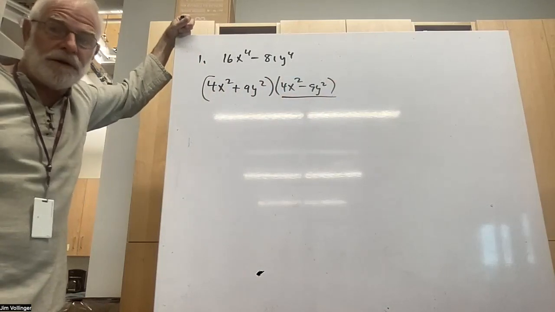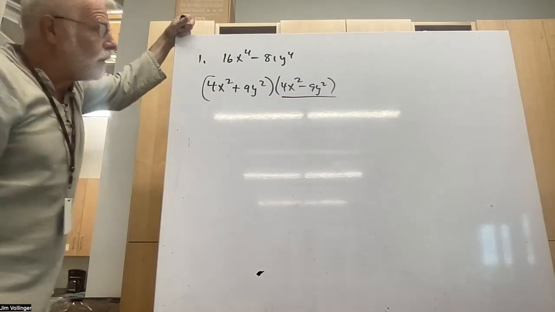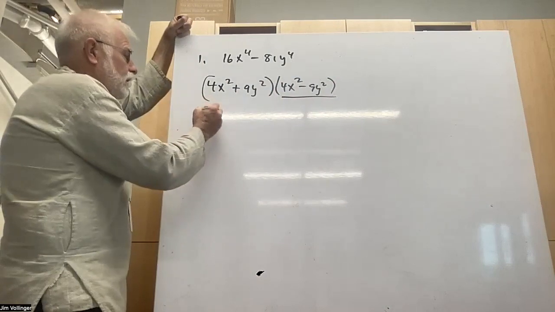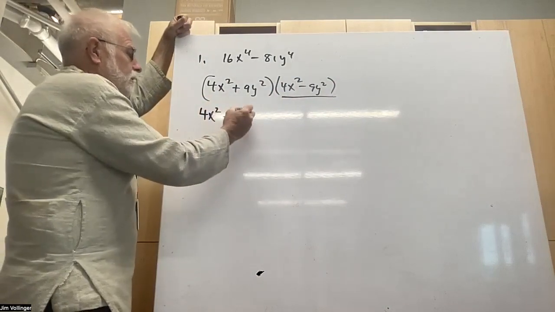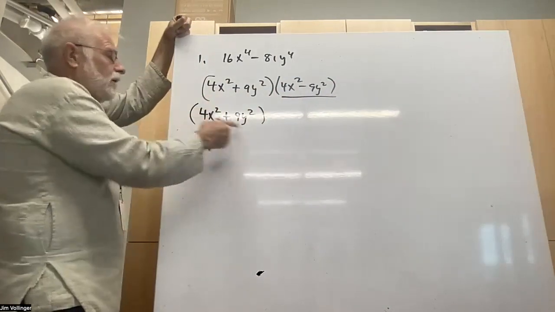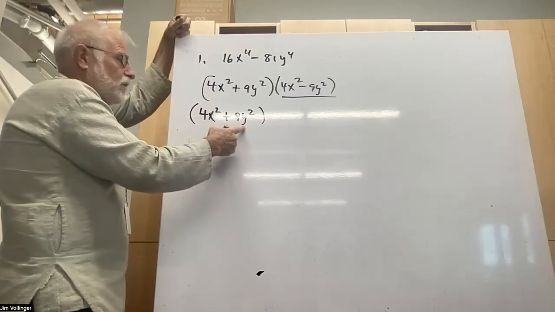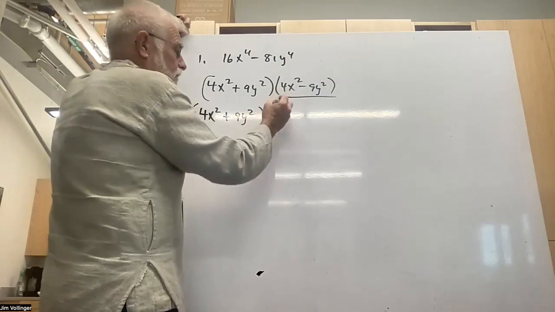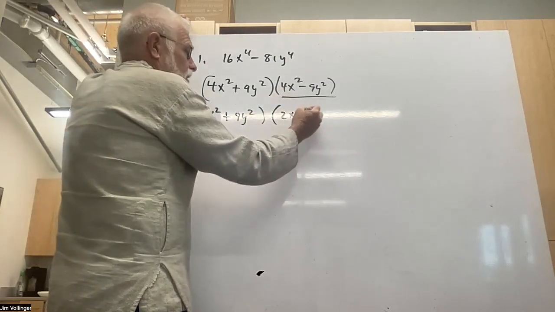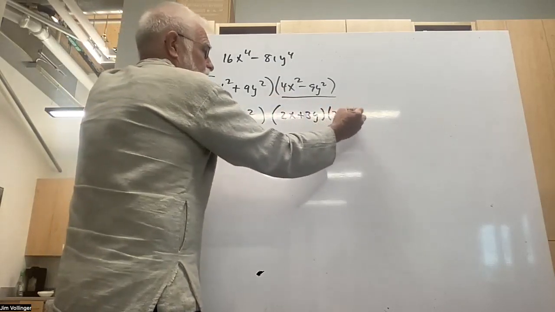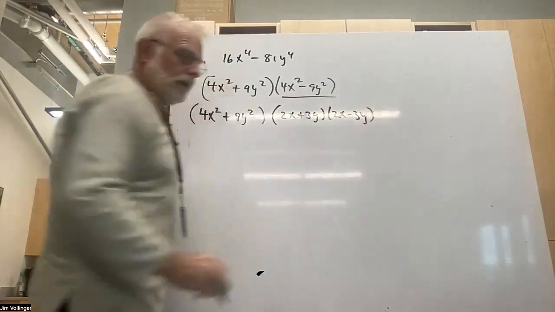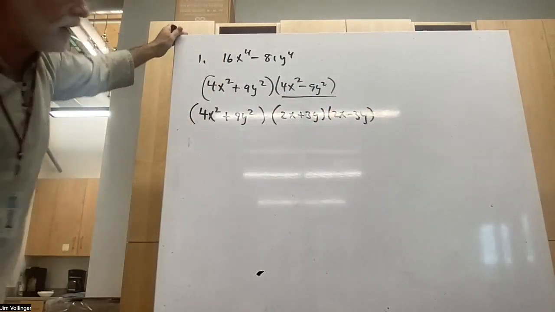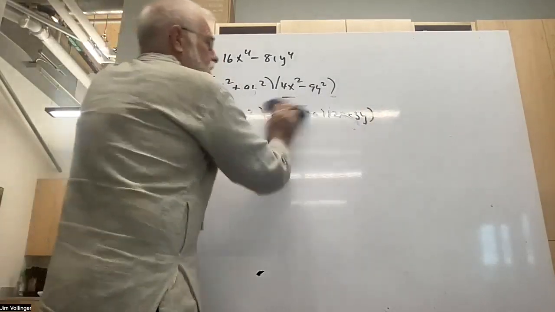The skill's only good if you recognize things. So keeping your eyes open, hopefully you cannot factor. There's that word again, factor. You cannot write that as a product. Sum of 2 squares cannot be written as a product. You can try. Good luck. But we've got a 2x plus 3y and a 2x minus 3y. And that's that problem.